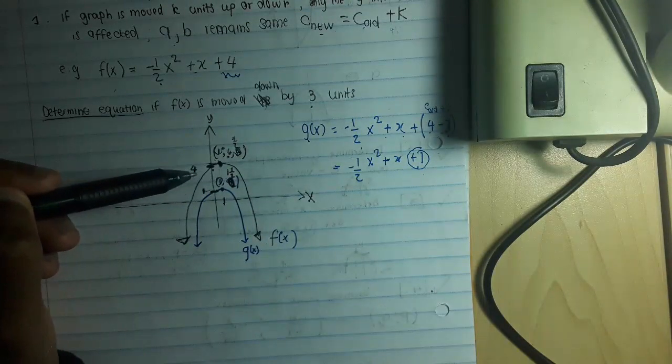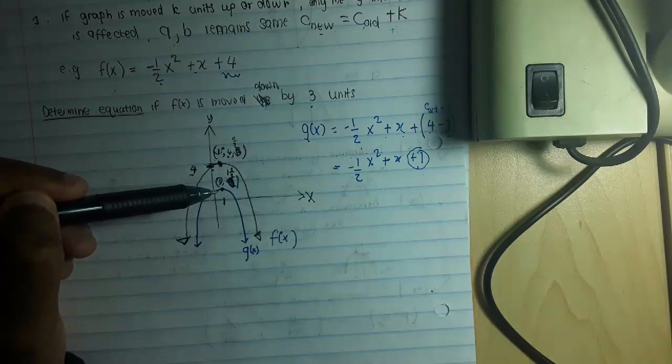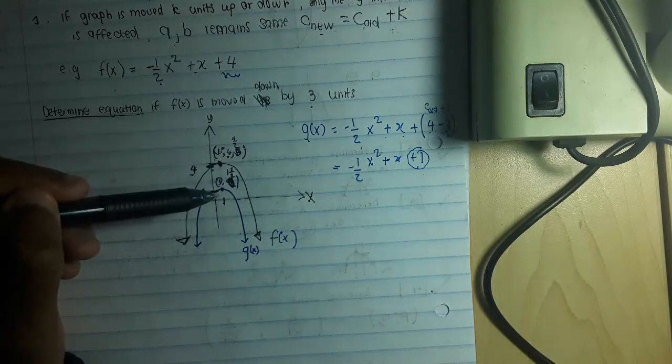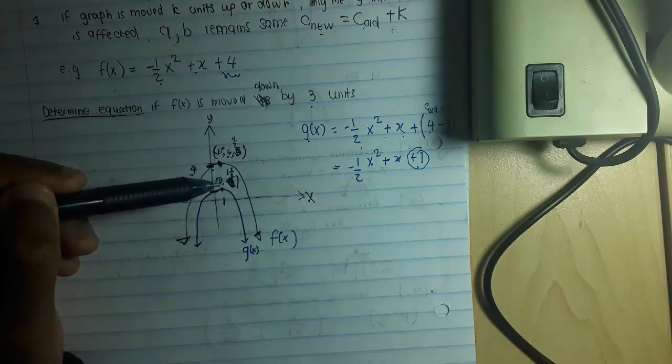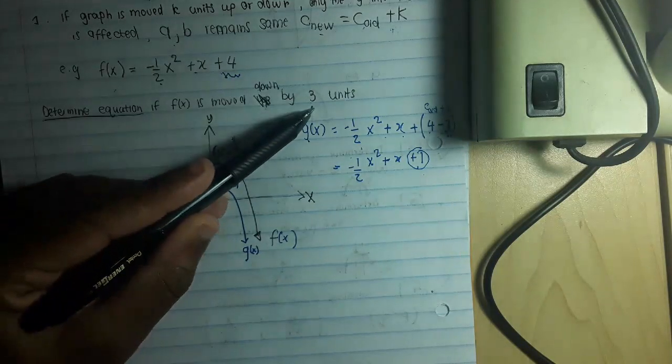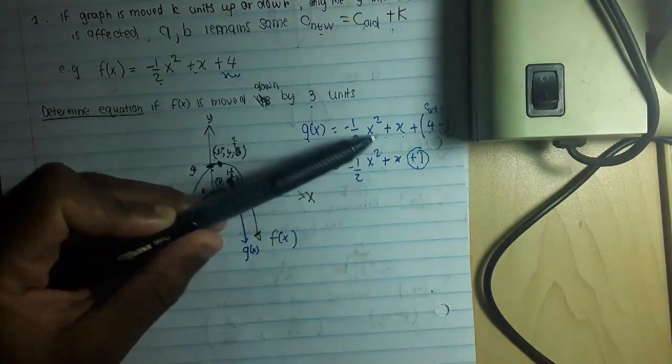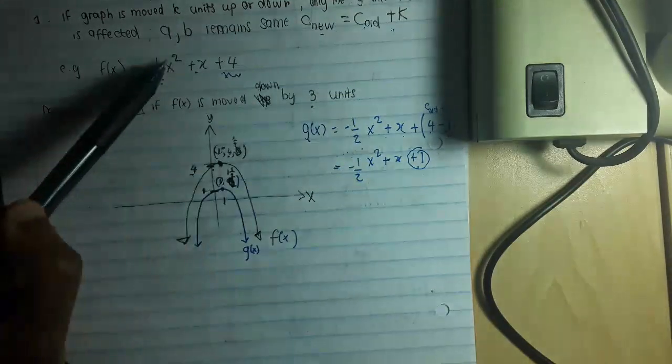So do you see that if you shift the graph of a parabola vertically, and they ask you to determine the new equation when it's shifted certain units down, all you need to do is keep your a and b the same, minus half and 1.